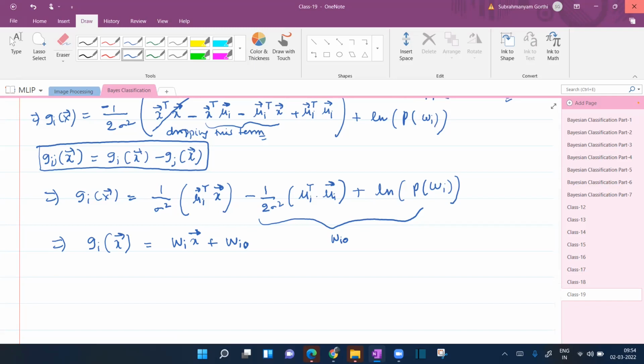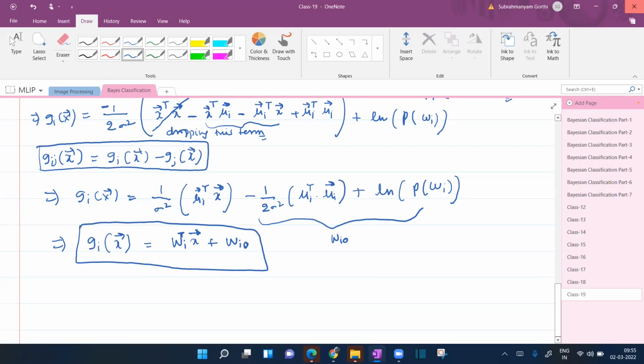And your x bar is getting multiplied with mu i transpose over sigma square, right? So this is what I have written as wi transpose here. It has its own advantages, because I could simply take mu i over sigma square as my wi. So I am writing it as this function gi of x bar.